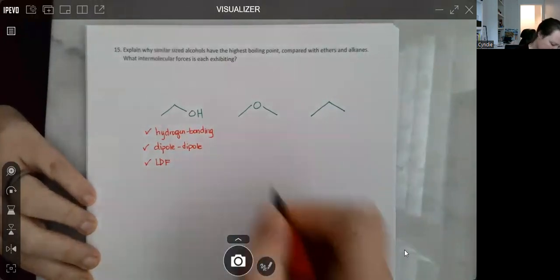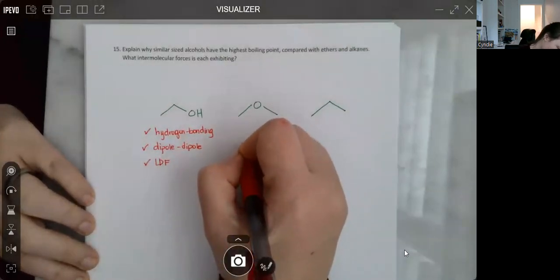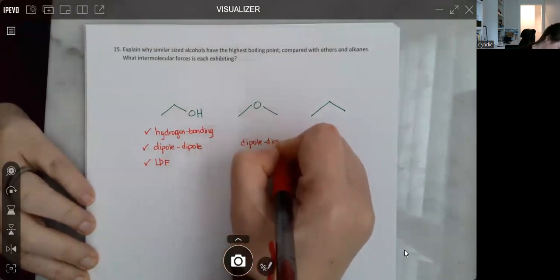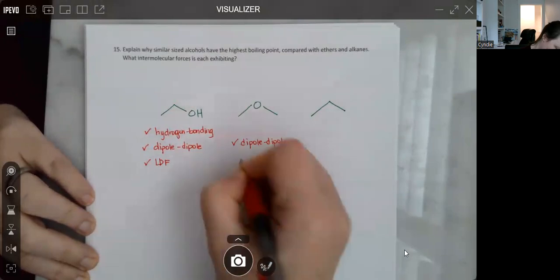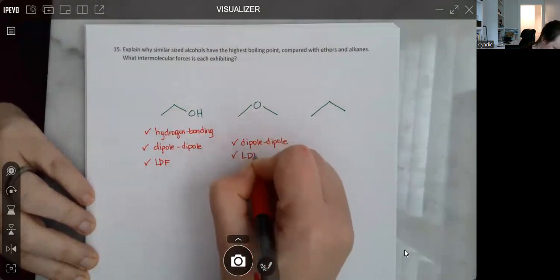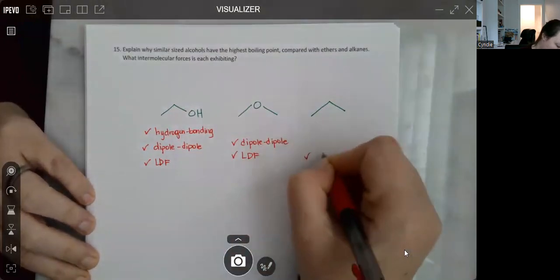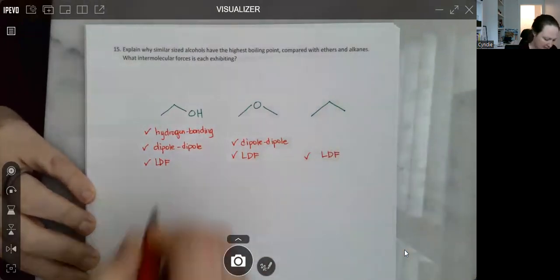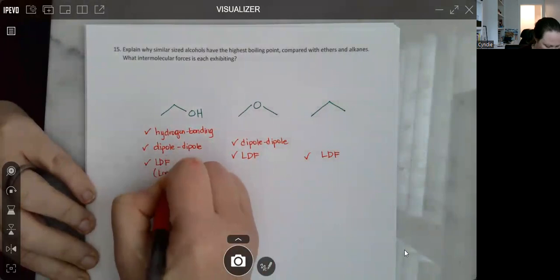And then these two would be only dipole-dipole for the ether, right? And London dispersion forces. And then only London dispersion forces for the alkane. Maybe I'll write that in.